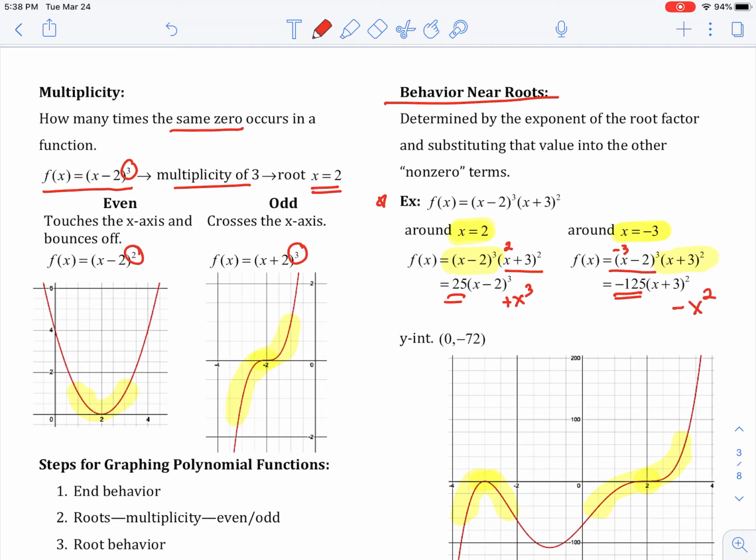And then we also could have just quickly found our y-intercept at negative 72. And if we connect all of these behaviors together, that is where you're getting this red curve or this graph of f of x equaling x minus 2 cubed times x plus 3 squared.